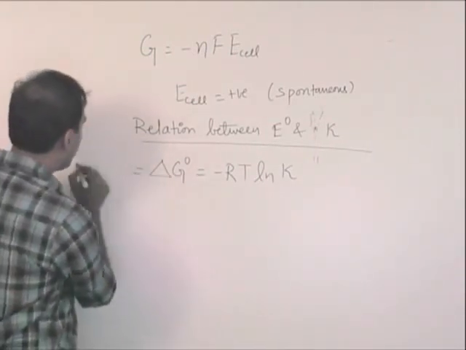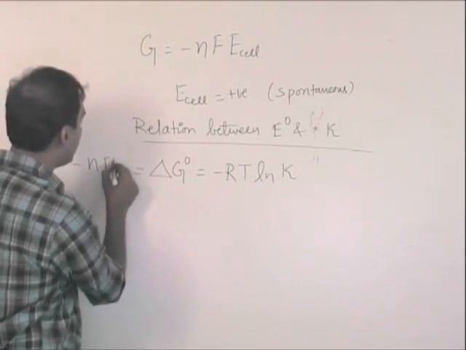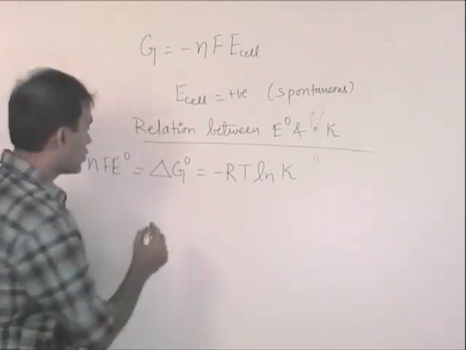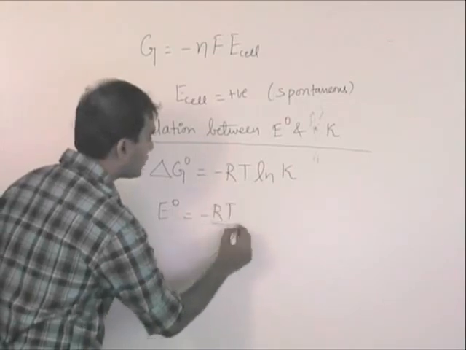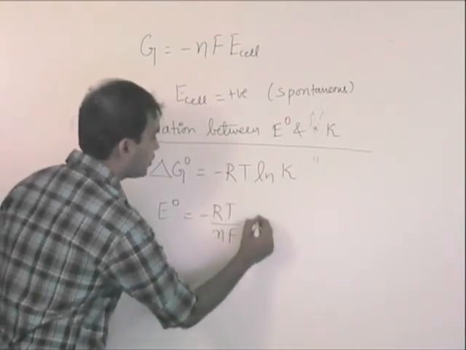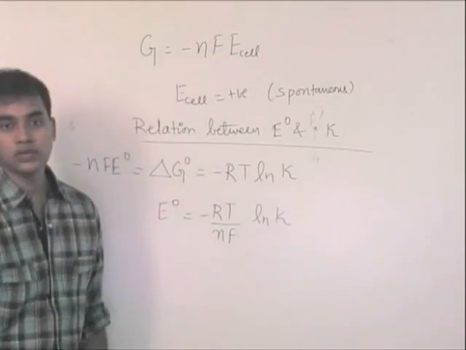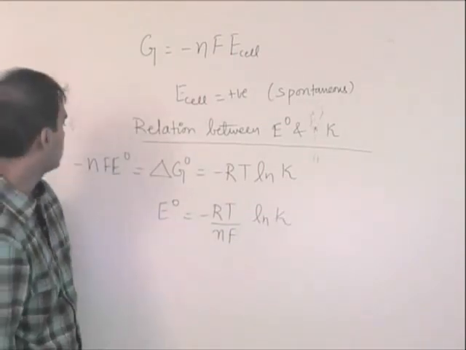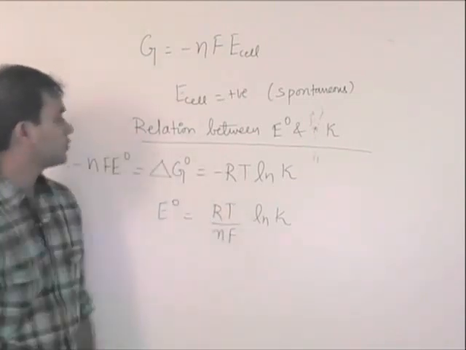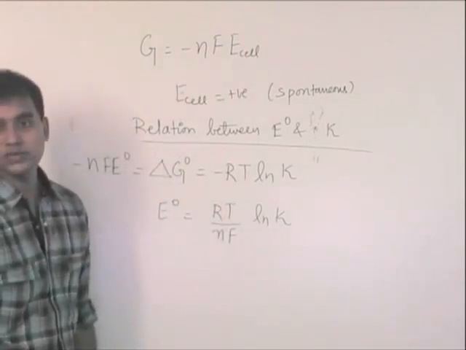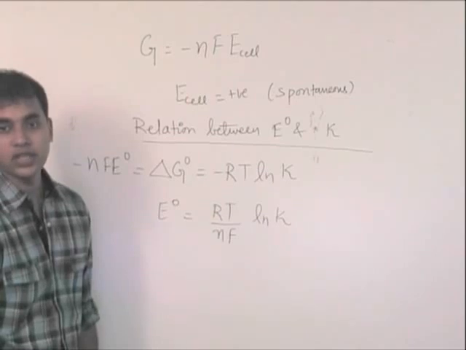Now this is also equal to minus nF E naught. So what I can say is E naught is equal to RT by nF ln K, as the minus signs cancel. This is clear now? Simple enough?